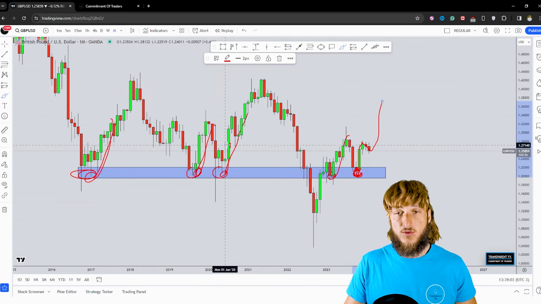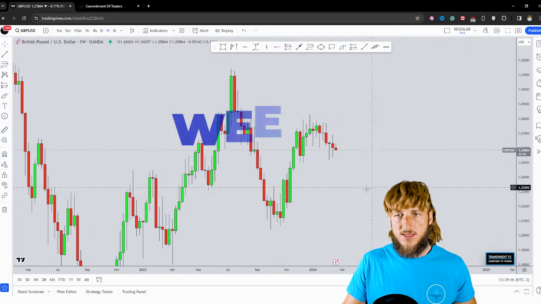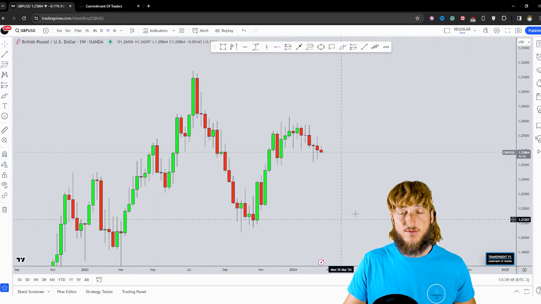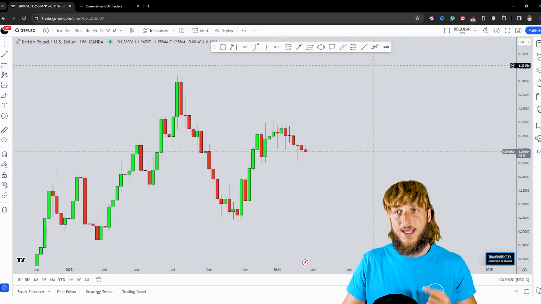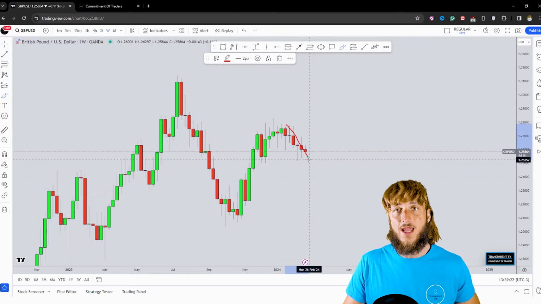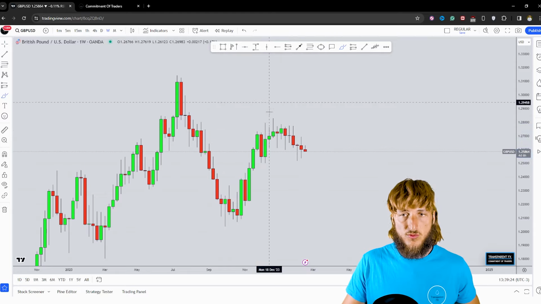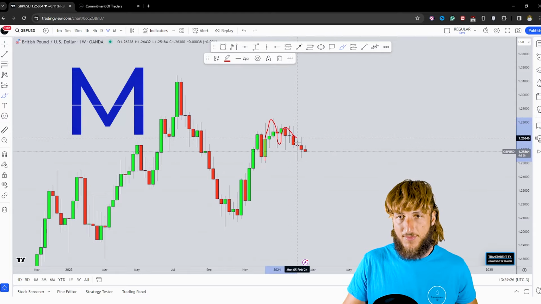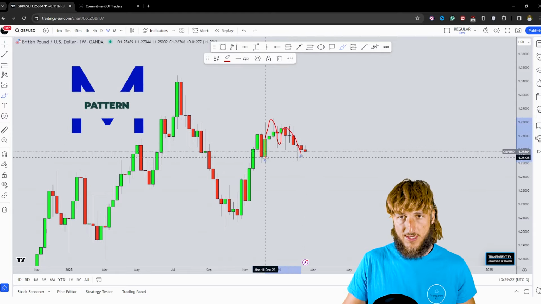Now, dropping down on the weekly time frame, what do we have? Well, from a weekly standpoint, first of all, we have to identify how the market, in creating this push to the downside and correction, has been creating this weekly M pattern. In fact, starting from here, we had a push higher, retracement, continuation to the upside, and now the market is pushing lower, effectively creating an M pattern.